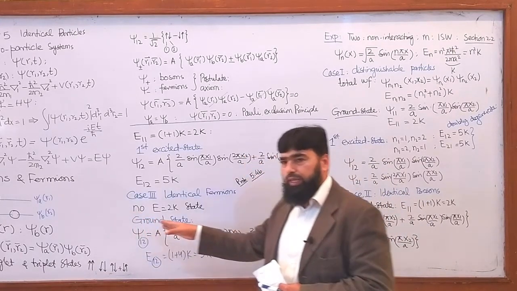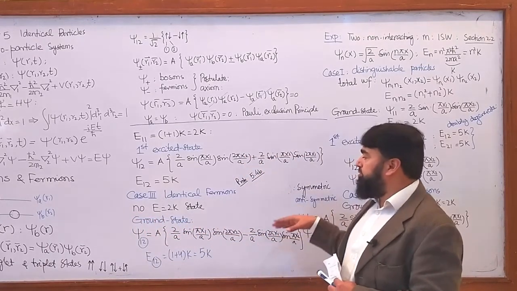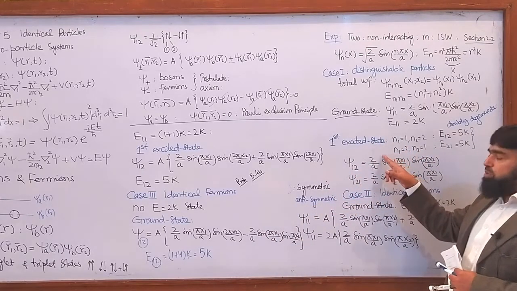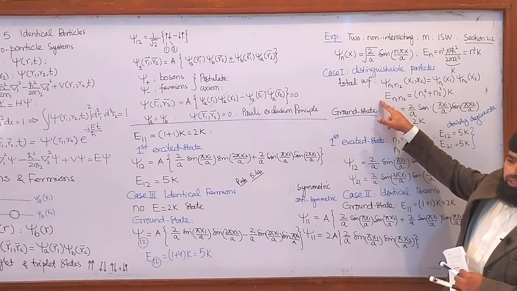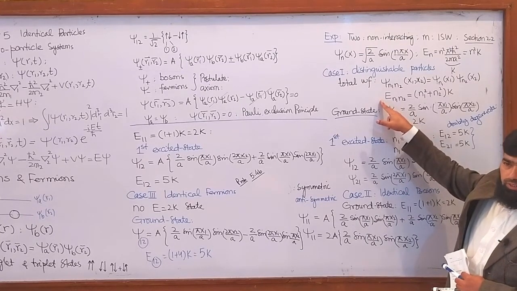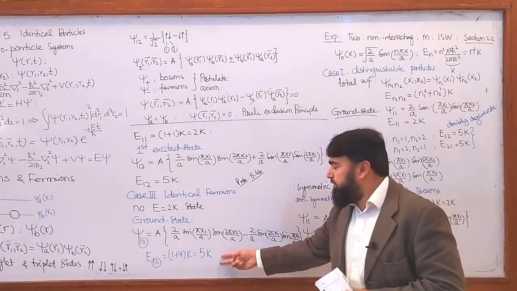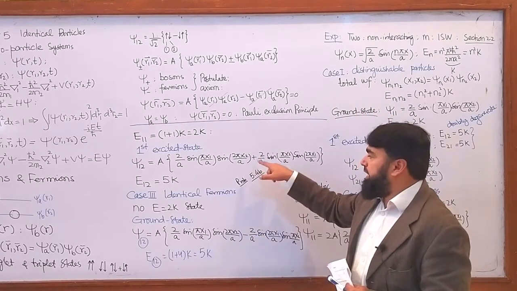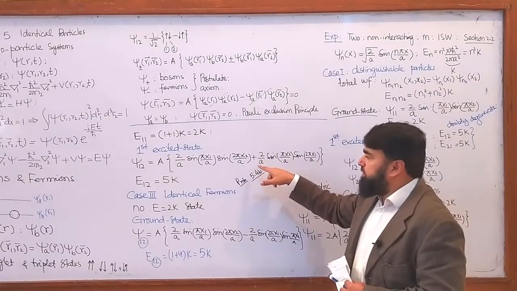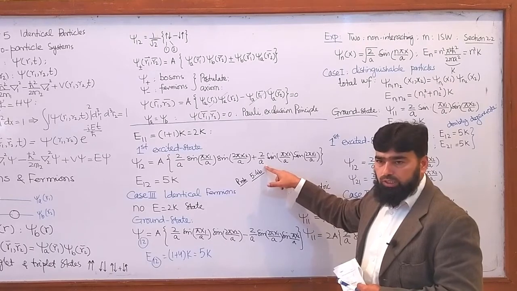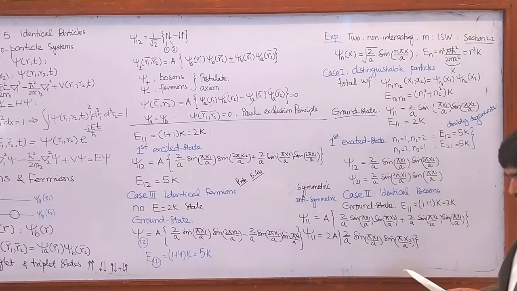And they differ from the identical bosons and the non-identical particles. So their ground state energy is equal to the first excited state of the distinguishable and indistinguishable bosons. Got it? So that's the differentiation between the two.